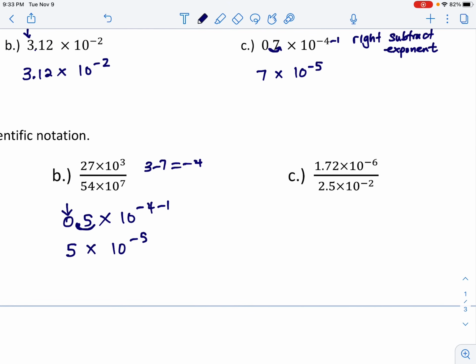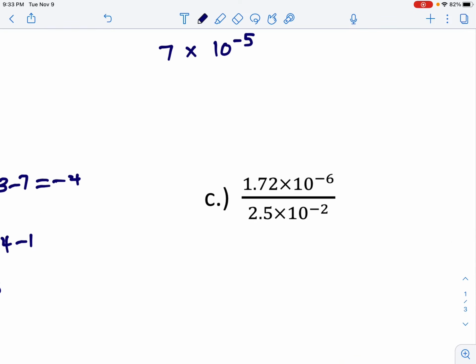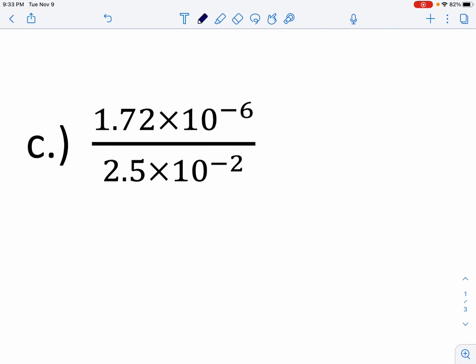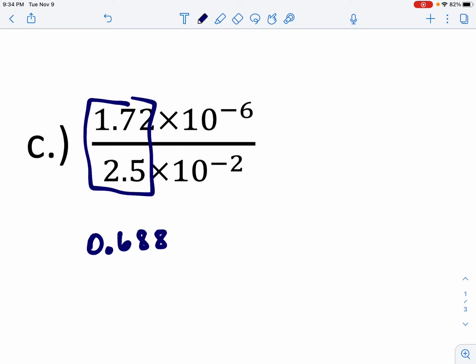Okay? And then C, if we divide 1.72 by 2.5, that's going to give us 0.688 times 10. We have to subtract exponents. We have -6 minus -2.